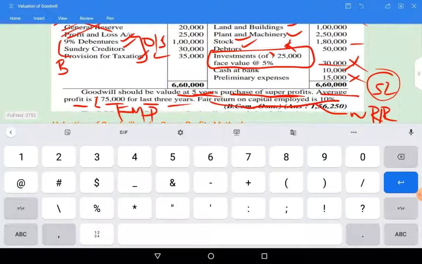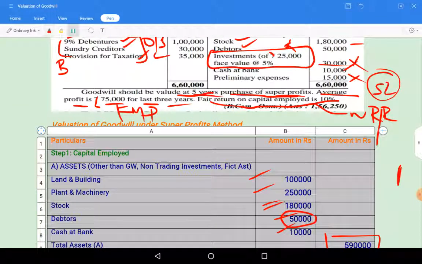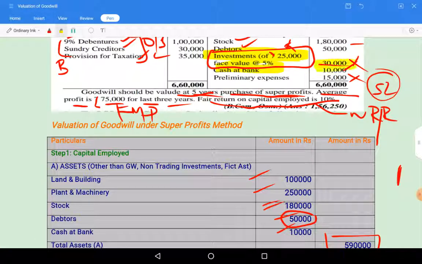Here you can see investments 25,000 face value at the rate 5%. That interest they are going to get on face value, so we need to take the investments value, not the 30,000. We should take 25,000 only.